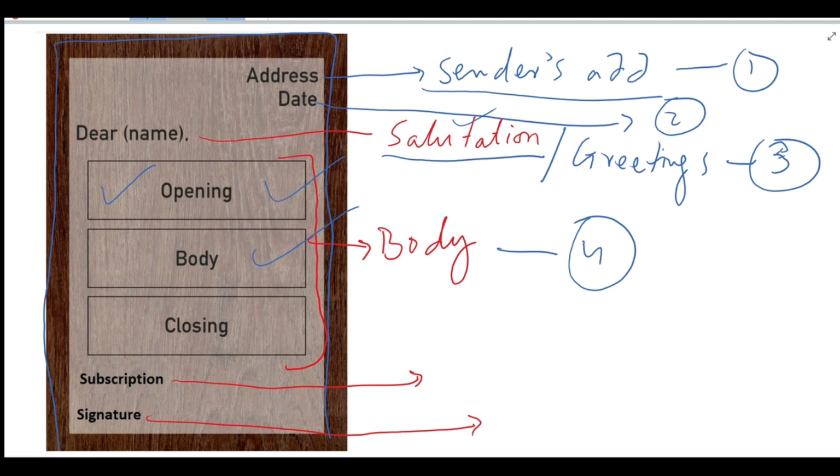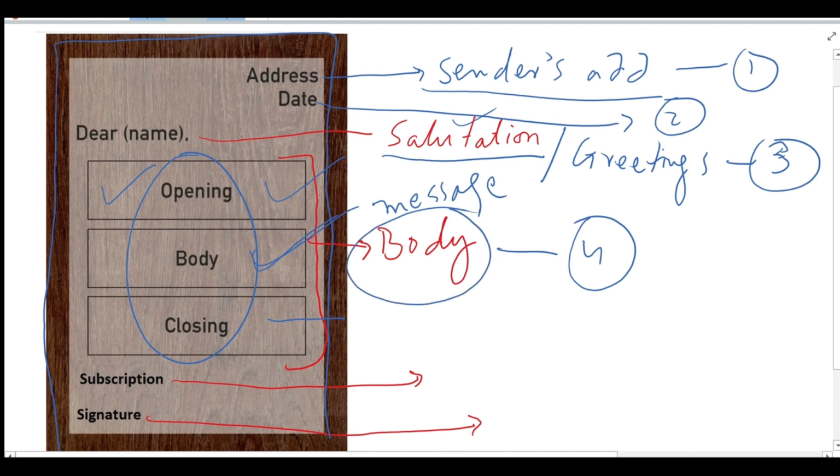An informal letter can be written for invitations, for asking questions, for congratulating, for advising your friend, your family member, your brother, your sister. It depends. So in this way, in the body you have to write the main message. Then we have the closing. These are all 3 parts of the body. Just keep this point in mind.